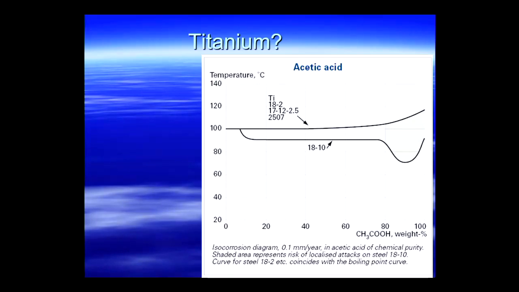But when you look at the isocorrosion diagram for titanium, the 18-10 is the 304, it's typical stainless steel, and the upper one is titanium. 17-2.5 is a 316. 2507 is a duplex stainless steel.